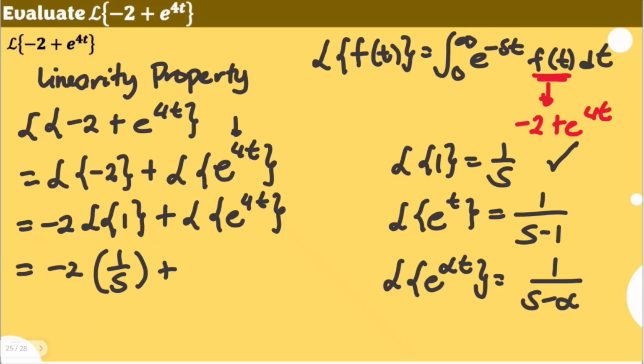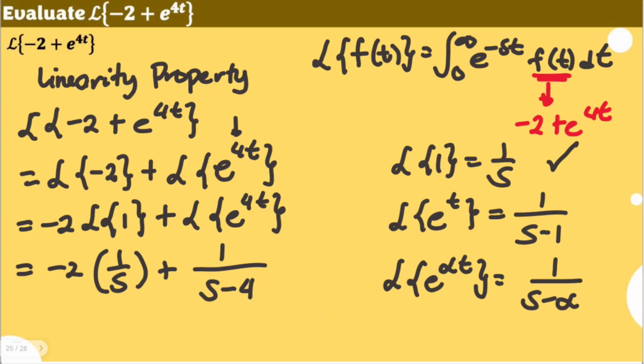So the result is 1 over s minus 4. This is the Laplace transform of e to the power of 4t.